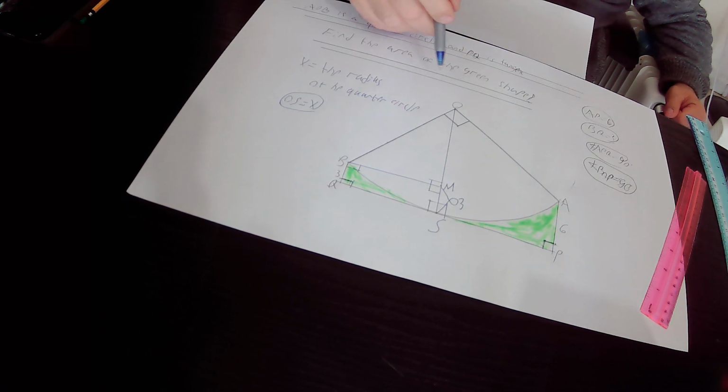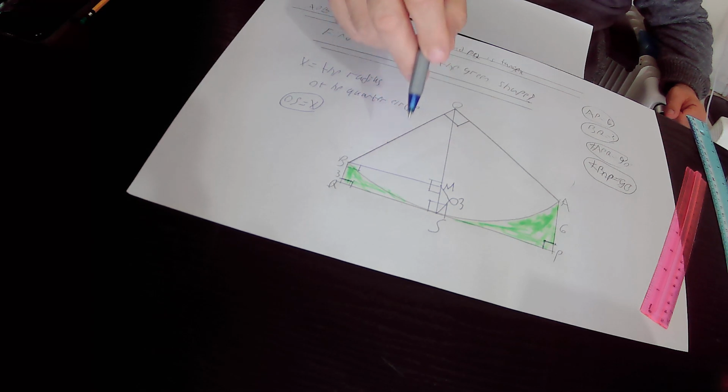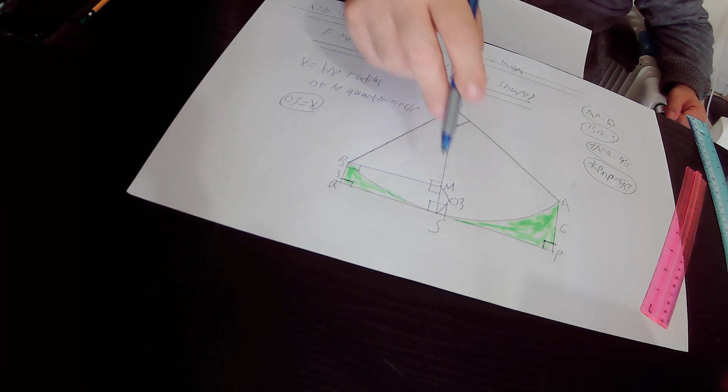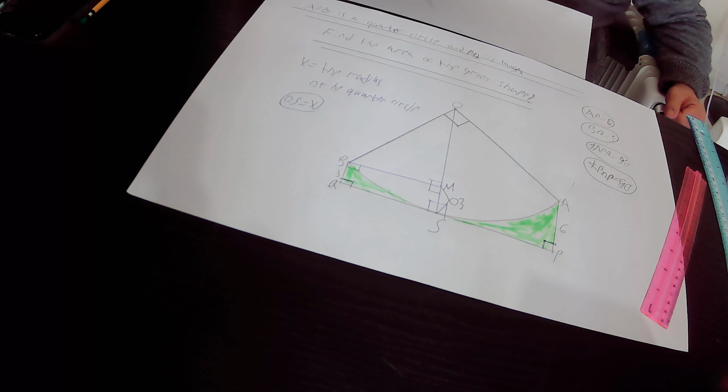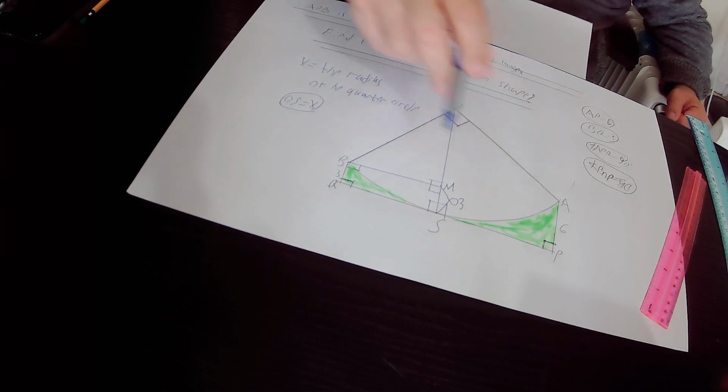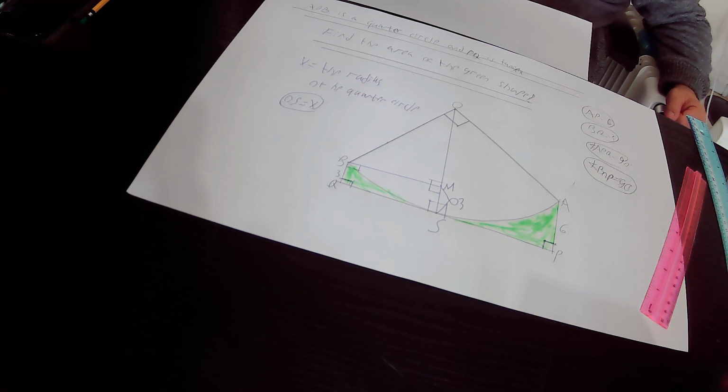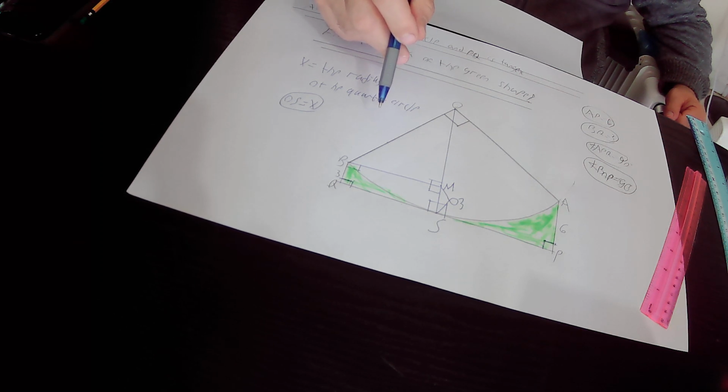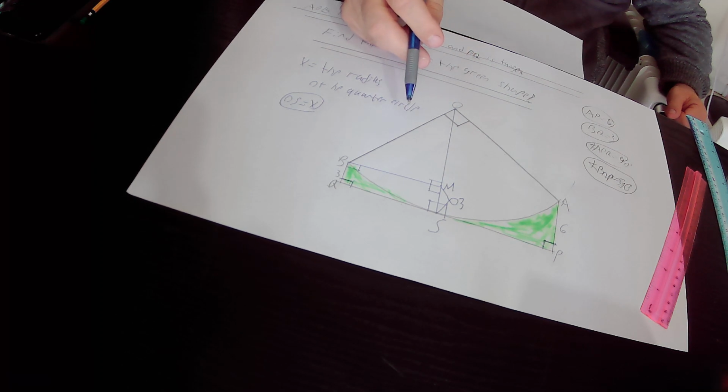So in quadrilateral OBQS, side OS is parallel to side BQ. So quadrilateral OBQS has one pair of parallel sides.